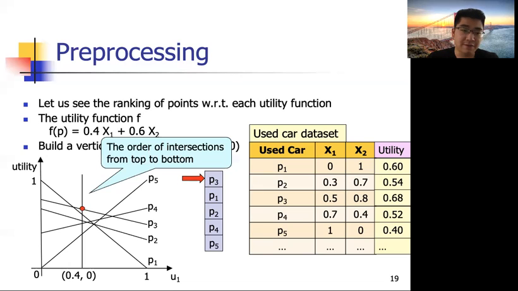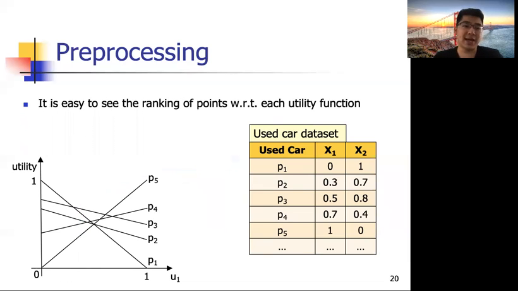This vertical line first intersects with the line segment of P3. Then it intersects with the line segment of P1. Next, P2, P4, and finally, it intersects with the line segment of P5. As we can see, the order of intersections from top to bottom is the same as the ranking of the used cars.